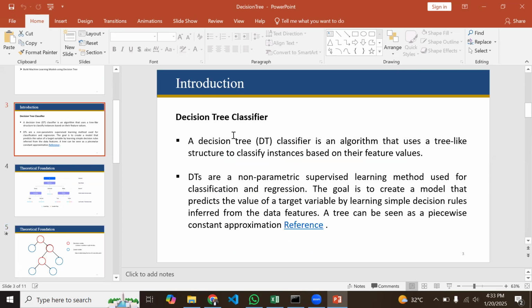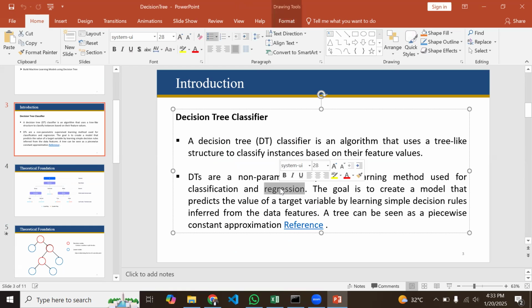But it's not just decision tree classifiers. The same can also be said about the random forest. Remember what we said, that the random forest is an extension of the decision tree. So if we can use the decision tree to do classification and regression, then we can also use a random forest to do classification and regression.